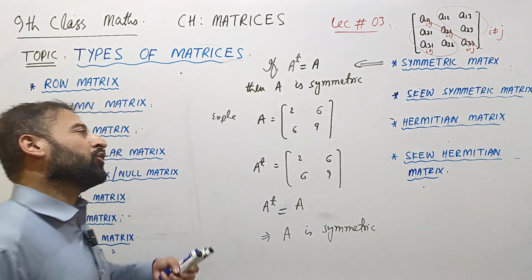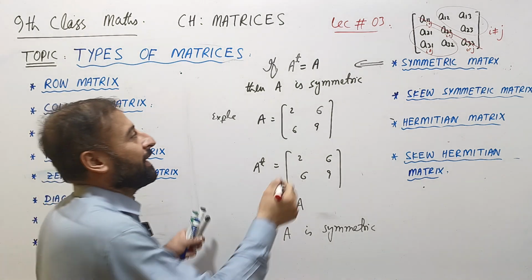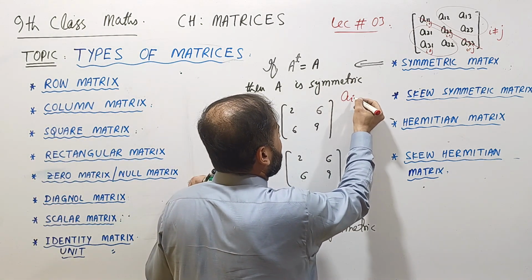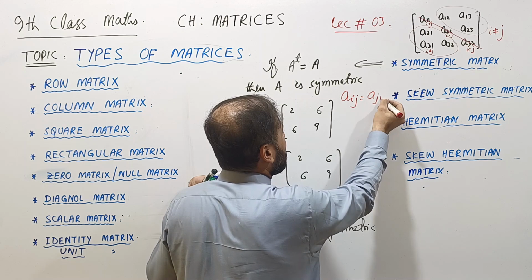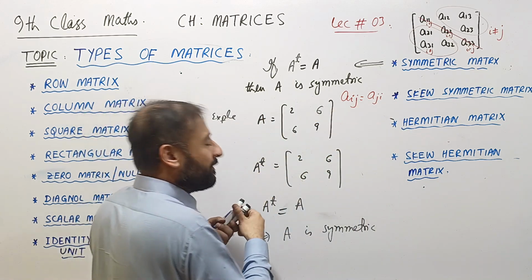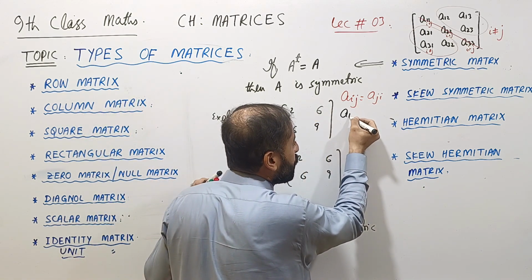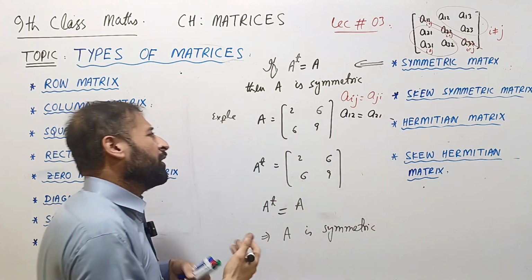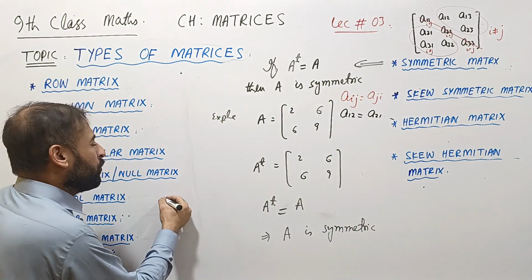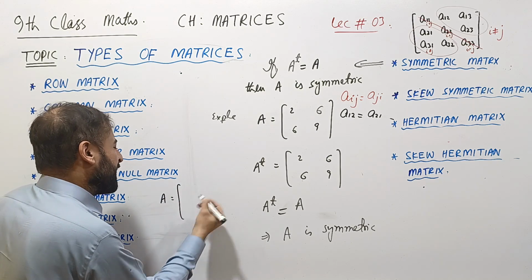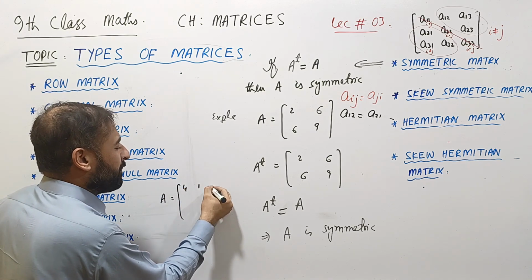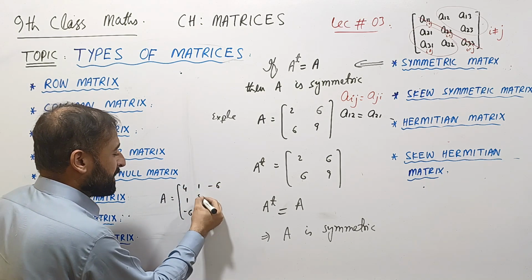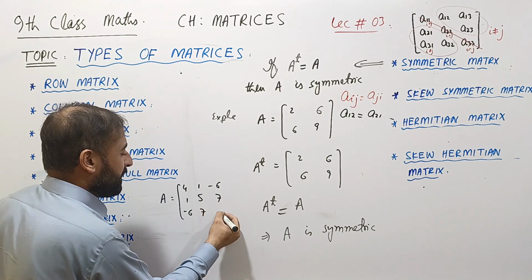Now, mathematically, you will define a symmetric matrix as Aij equal to Aji. For example, A12 will be equal to A21. It is a 2 by 2 matrix. You may have a 3 by 3 matrix: 4, 1, minus 6; 1, minus 6, 5; 7, 7, 8.